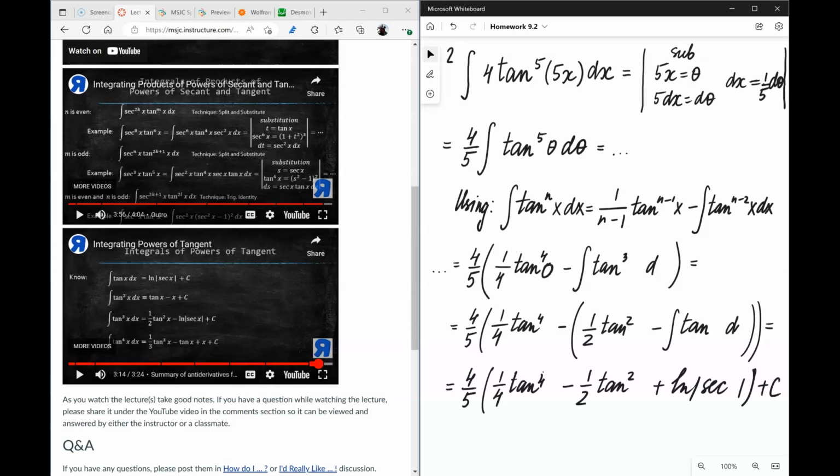Here I'm using theta, meaning that I have one more step of replacing it with 5x.